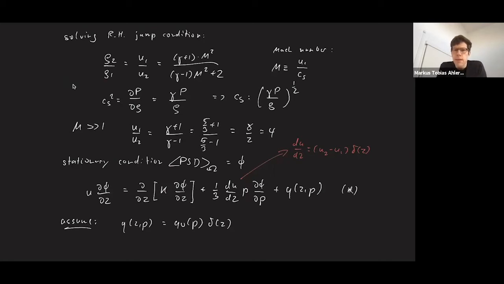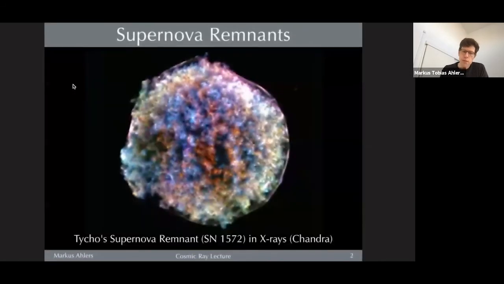One thing that I mentioned is that if you put all these additional loss mechanisms into the Hillas criterion, it turns out that supernova remnant shocks should not be able to accelerate particles to very high energies in the cosmic ray knee region, so energies exceeding 1 peta-electron volt.